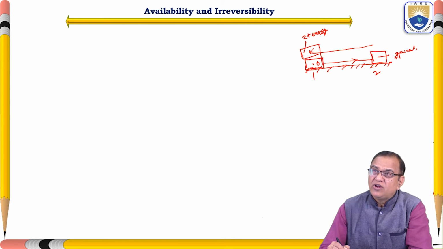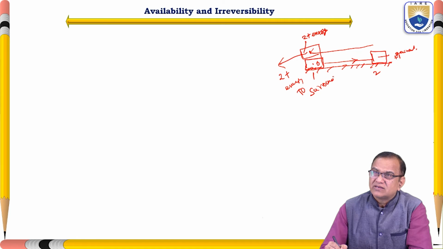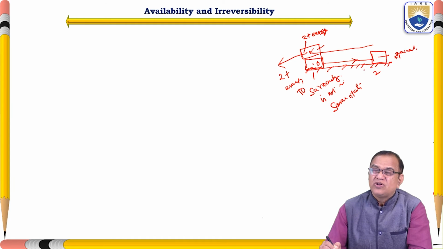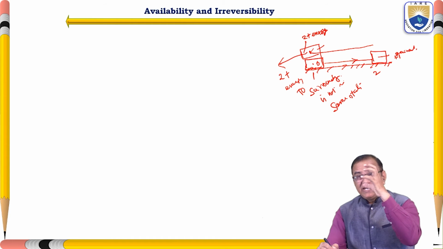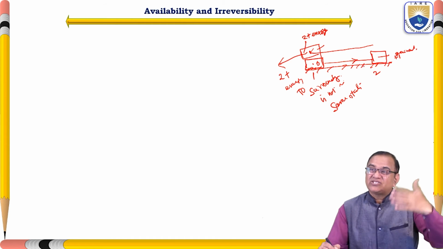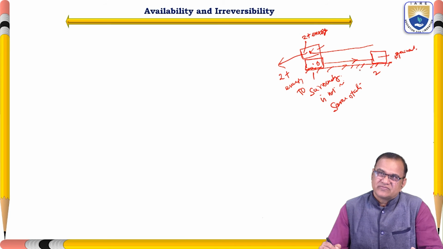So now what we have to do is release this 2 plus energy to the surrounding. So the system is now in the same state, but the surrounding is not. So it is internally reversible, but externally it is irreversible.